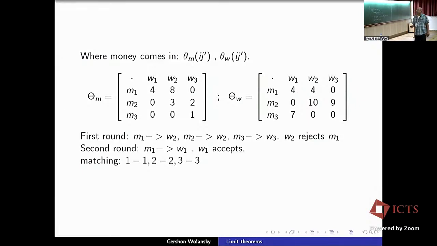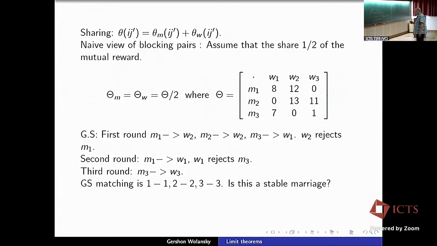Okay, this was a very simple example of the stable matching algorithm. But now, suppose that they decide to share. What does that mean? Each married couple doesn't keep to themselves what they get from the marriage. They open a bank account and share the reward between themselves. Let's say they just split it half and half.